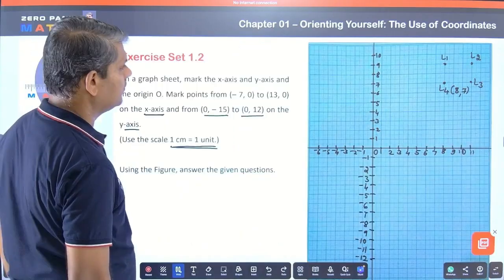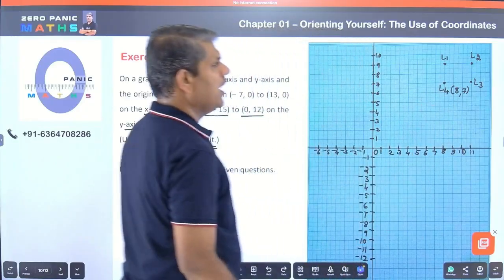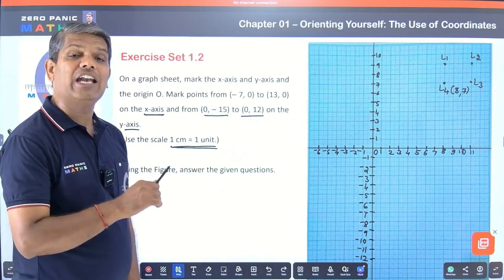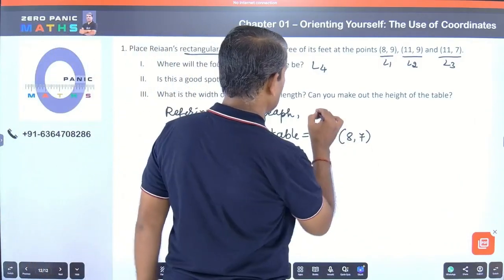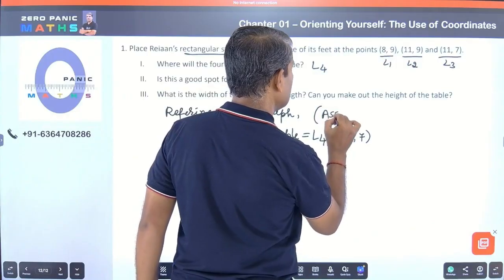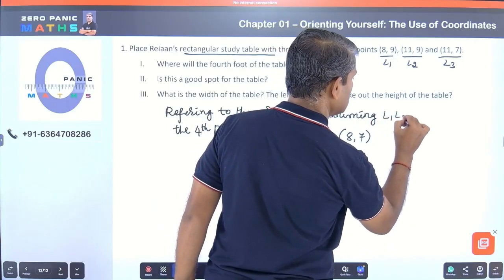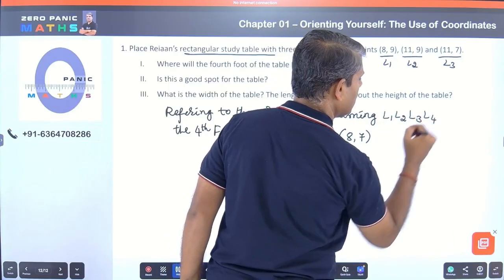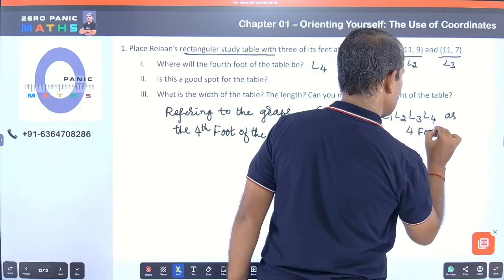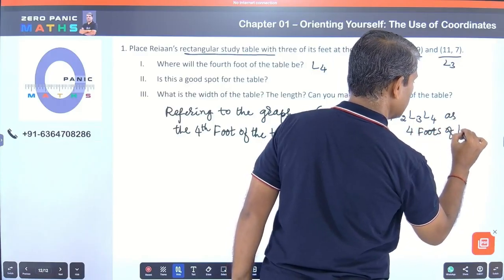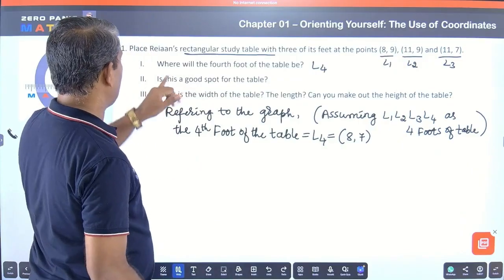See that? (8, 7), 8 on the x-axis and 7 on the y-axis. Assuming L1, L2, L3, L4 are the four legs of the table, you can write that also for convenience. Assuming L1, L2, L3 and L4 as the 4 feet of the table. So that is the answer to the first question.